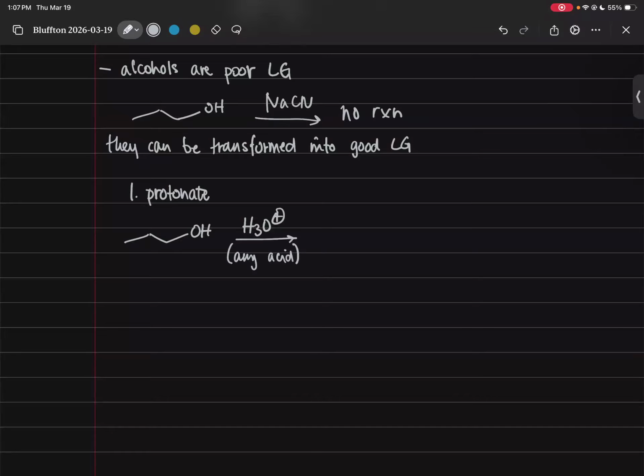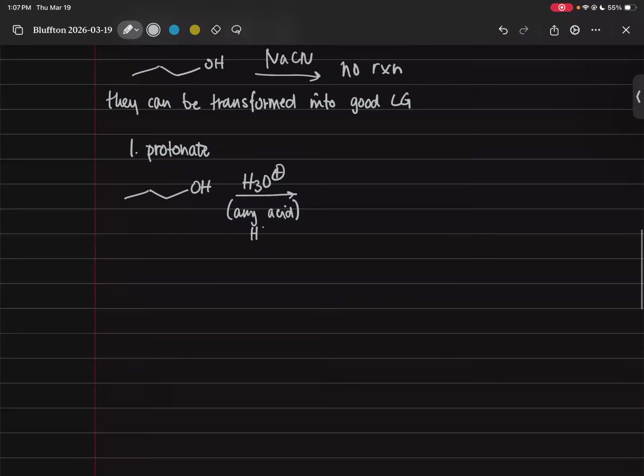So if we take any acid, here I'm using H3O plus. There's a couple ways we could write this. We could just say H plus, or we could specify what acid, so like hydrochloric acid, for example. And we do an acid-base reaction here. And we get an OH2 plus. Okay. This is essentially a water molecule that's ready to fall off.